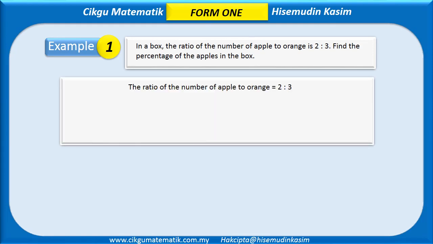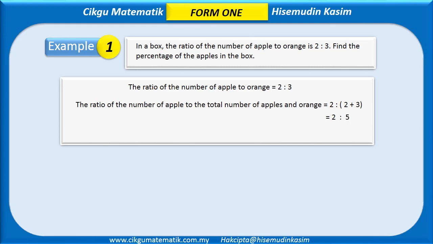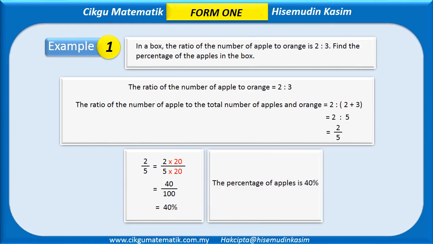The ratio of the number of apples to the total number of apples and oranges is 2 to (2 plus 3) equal to the ratio of 2 to 5 equal to 2 over 5. 2 over 5 equal to 2 times 20 over 5 times 20 equal to 40 over 100 equal to 40%. The percentage of apples is 40%.